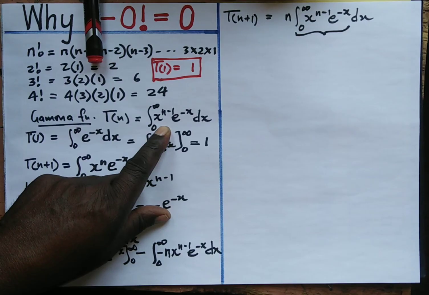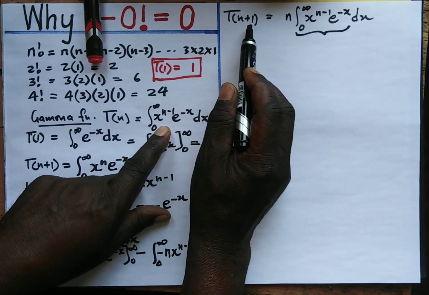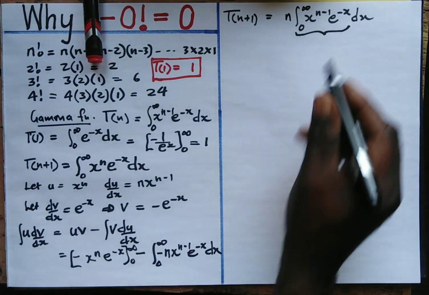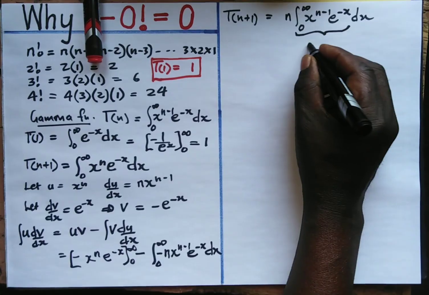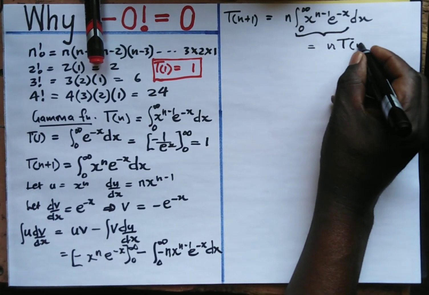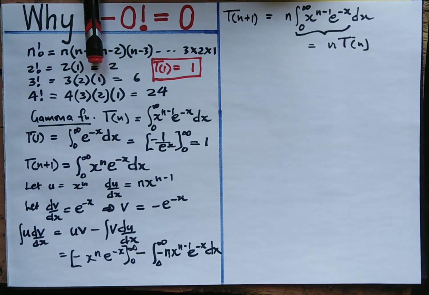So what it means is that gamma of n plus 1 is simply n multiplied by gamma of n. So we've proved that gamma of n plus 1 is equal to n multiplied by gamma of n.